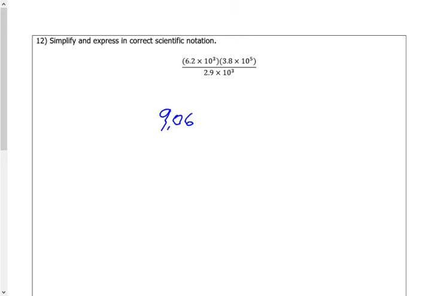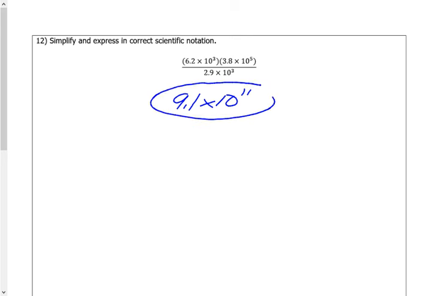So let's round that. Let's do scientific notation: 9.1 times 10 to the 11th. Make sure you take your calculator out of scientific mode when you're done.